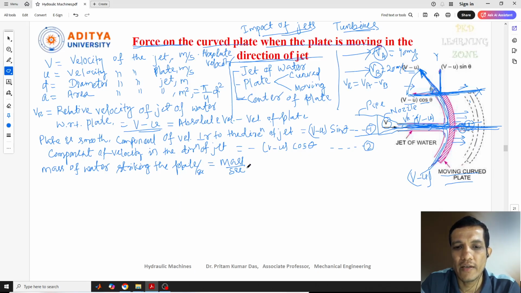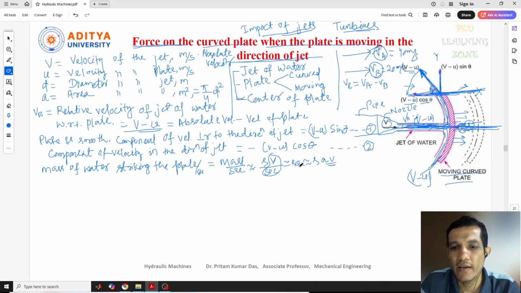In place of mass I can write rho into volume, density into volume by time, so time is in seconds. Again, volume per second is rho into Q, the discharge. In place of Q we can write rho A v, where v is the velocity.